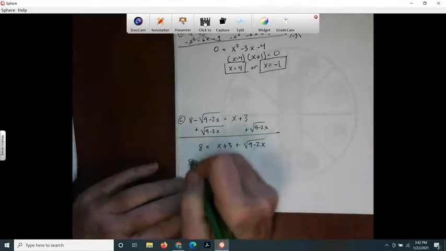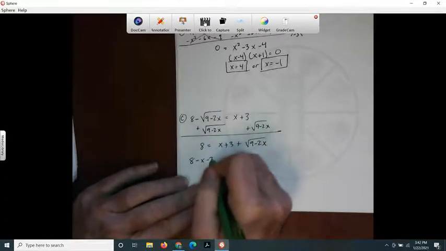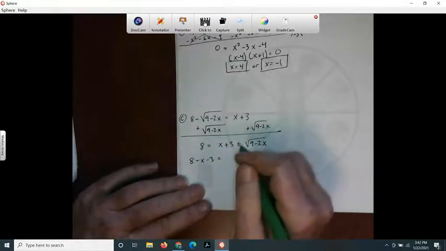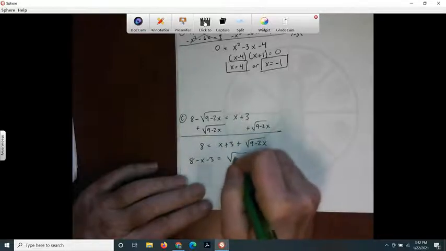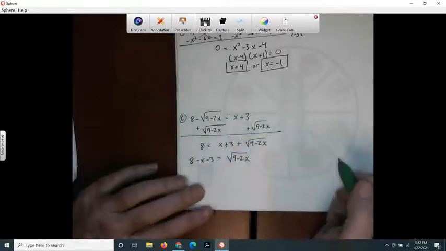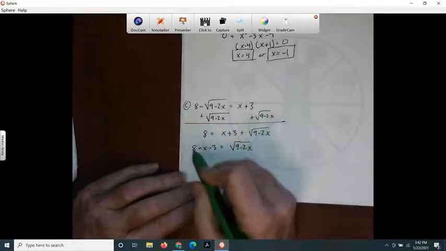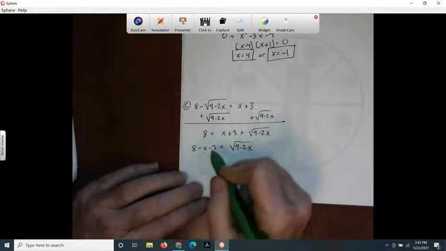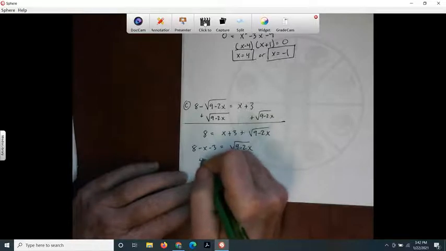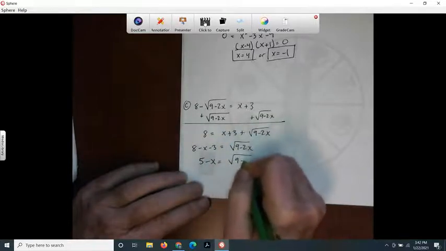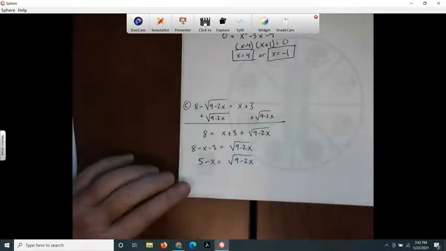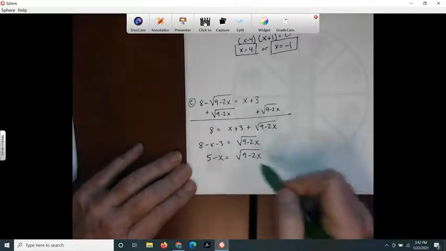So this will be 8 minus x minus 3. Oh, I could get those together. Okay, so 8 minus 3, I guess that's 5. And now I'm in a position to square both sides.